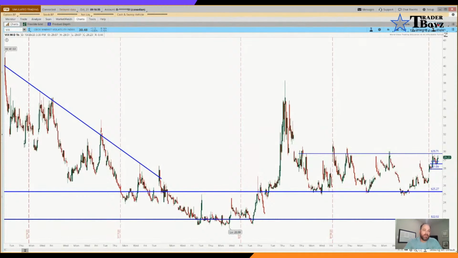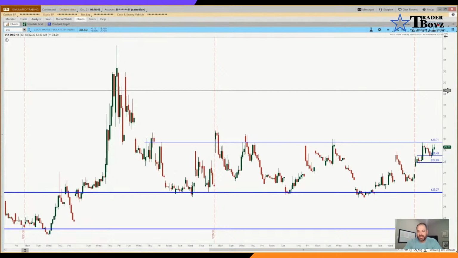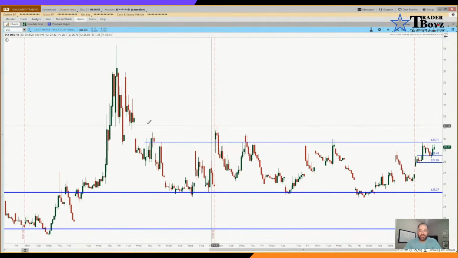Let's jump over and we'll take a look at the VIX. Right, on the 6-minute chart of the VIX, this was coinciding with the S&P futures trade there yesterday, as well as the NASDAQ trade. VIX came down into this level of demand here. Now, if the VIX breaks through this area here, okay, you're going to have the spike up into 3130. 3130 with the market breaking down into those areas of demand that I just explained would be a phenomenal area to get long the market for a swing trade, right, for the next 2 to 10 days.